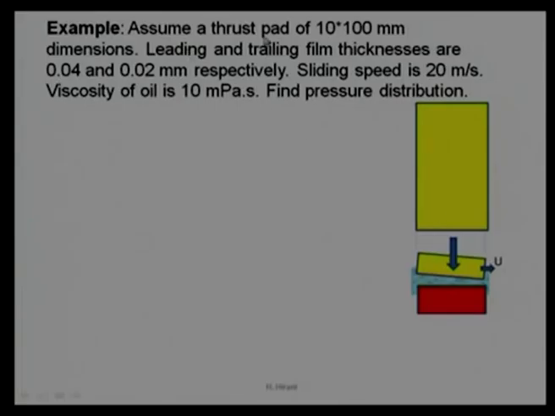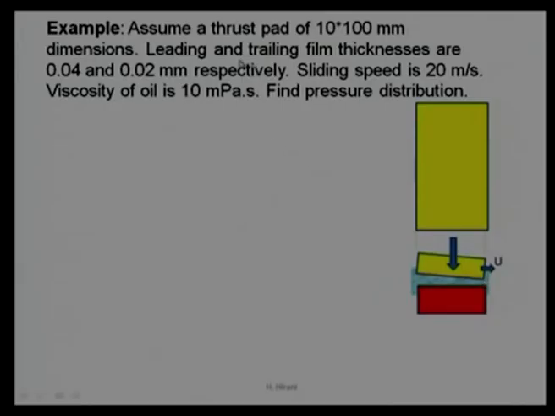Then in addition to these two dimensions, we have a leading film thickness dimension and trailing film thickness dimension. What is the meaning of that? Film thickness at the entrance is known and film thickness at the exit is known. Indirectly we know the inclination.